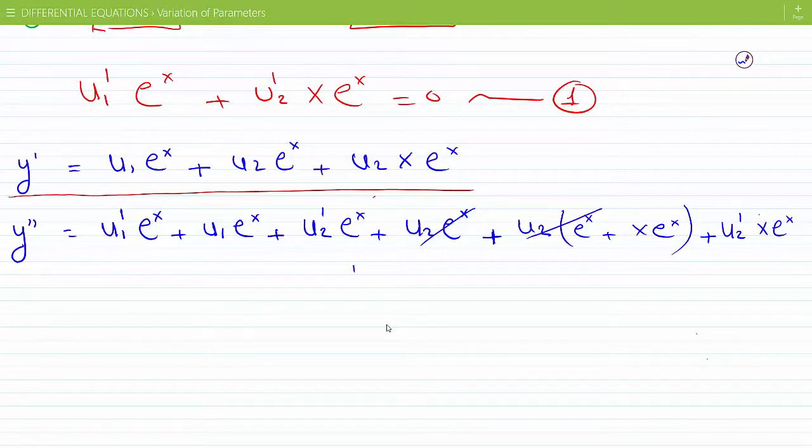So let's see if we have any like terms here. Not really, except for one.